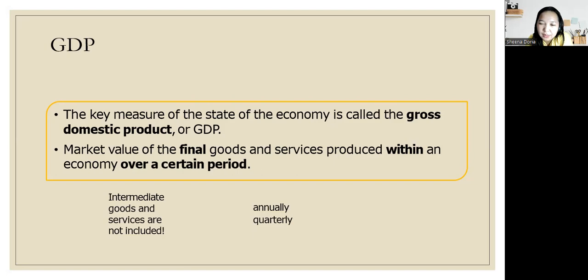It's the sum of the gross value added of all resident institutional units engaged in production, plus any taxes and minus any subsidies on products not included in the values of their outputs. It is the aggregate of the gross value added or income originating from the three sectors of the economy. The three sectors we measure in GDP in the Philippines are agriculture, industry, and services.